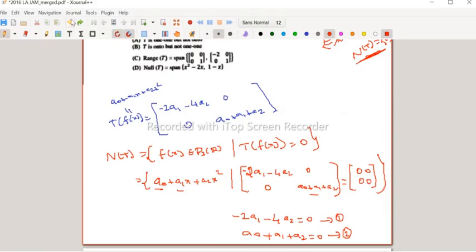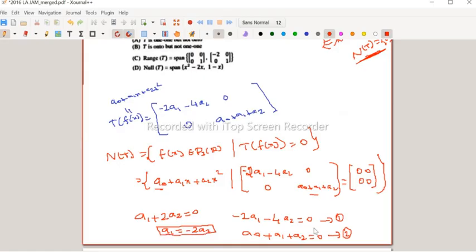Okay, now from the first equation, we divide by minus 2, and we can directly write a1 + 2a2 = 0, because we can cancel minus 2 on both sides. Therefore, from this we can say a1 = minus 2 times a2. So there is a relation between a1 and a2.